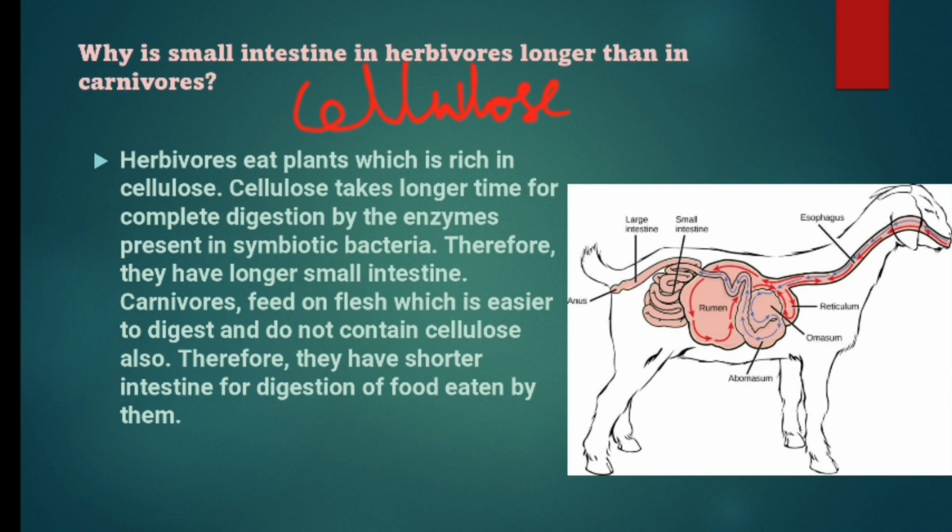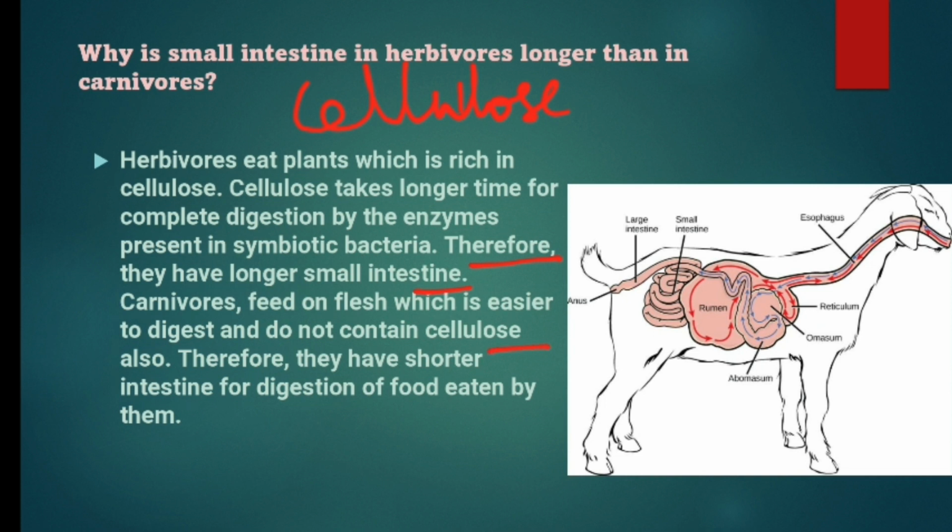Now, in order to break this down, there are certain symbiotic bacteria in the gut of the herbivores. And to break this down, it takes a very long time for the herbivores, and that is why they have a longer small intestine. When compared to carnivores, carnivores feed on meat. Animal cells do not have a cell wall and do not have cellulose.